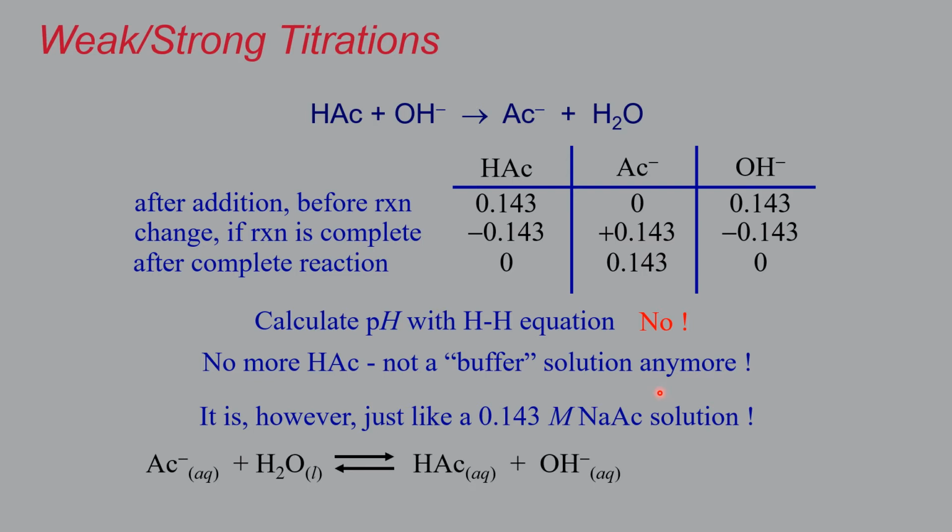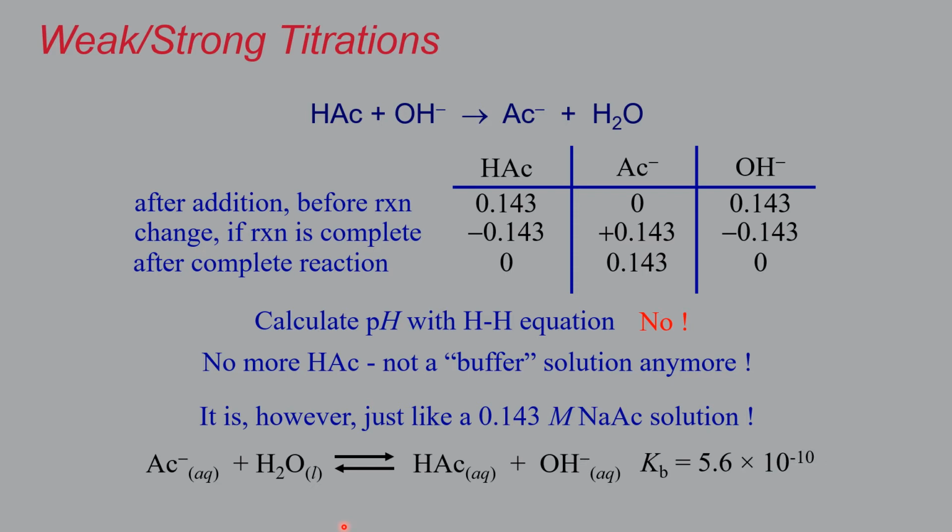The equilibrium that we need to look at in this case is the reaction of the acetate that we have created by virtue of this titration with water to form acetic acid, a little bit of it, and hydroxide. This is the regular weak base equilibrium, the reaction that corresponds to the Kb of a weak base.